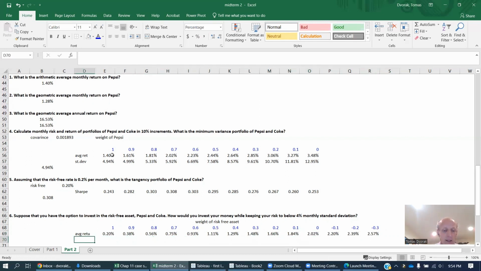Let's calculate the standard deviation of a portfolio that mixes the risk-free asset and the tangency portfolio. And that is a formula that only involves the variance of the risk of the tangency portfolio.